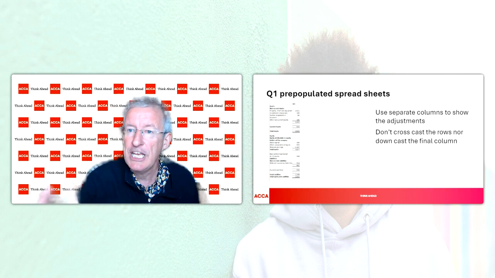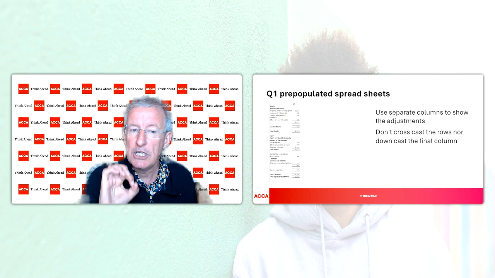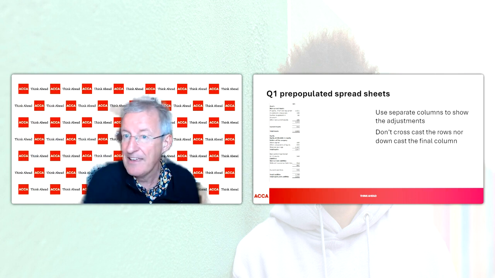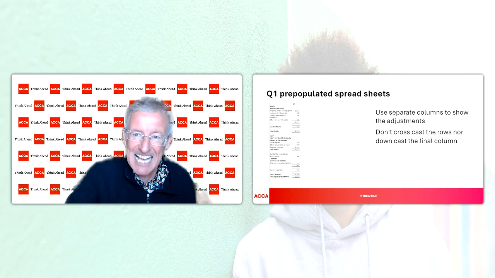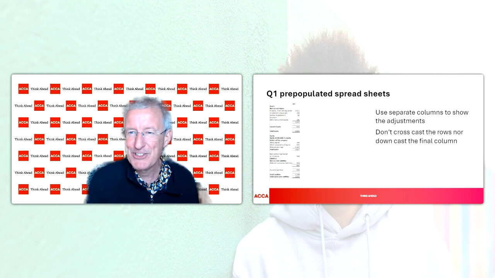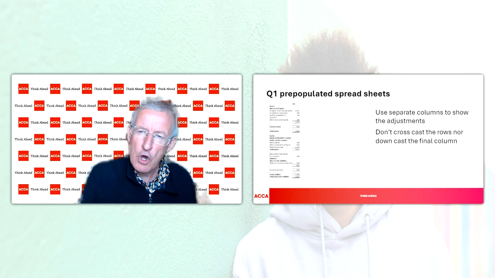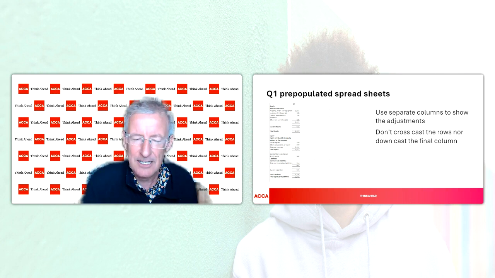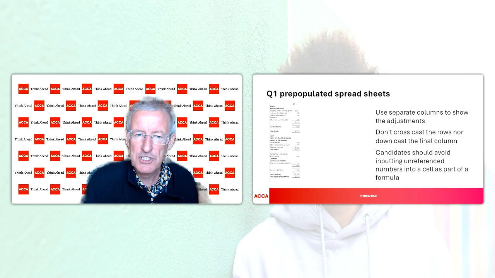You are earning no marks for cross-casting the rows, and no marks for downcasting a final column. So don't bother doing it. Yes, I know the model answer shows that. But you are not responsible for producing the model answer. You are responsible for passing this examination, and time is so against you.